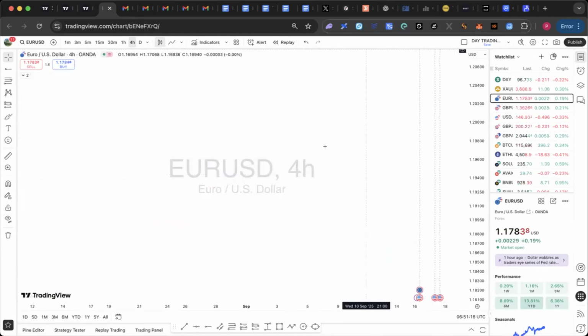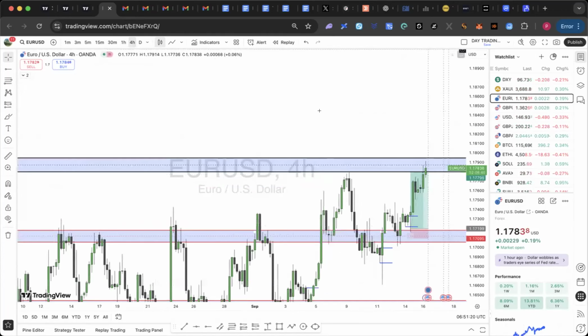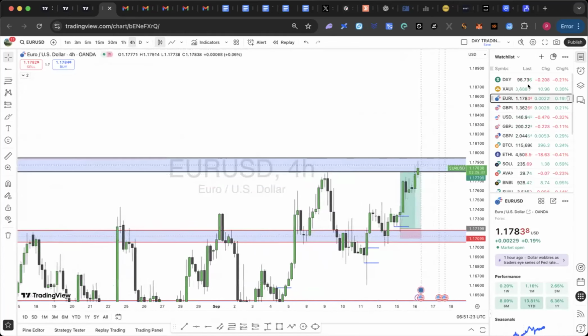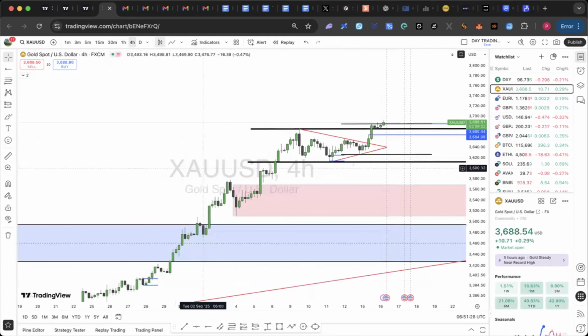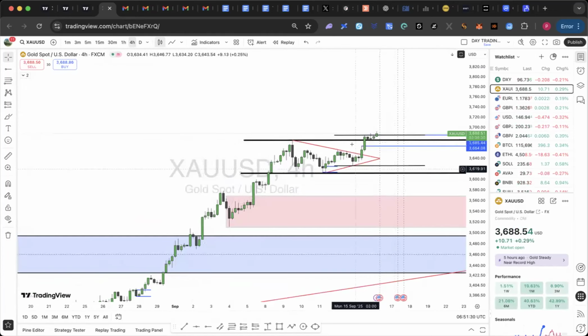I think he told us about gold equally. We broke out of gold here yesterday. And then here again, retested. So gold continues to buy.